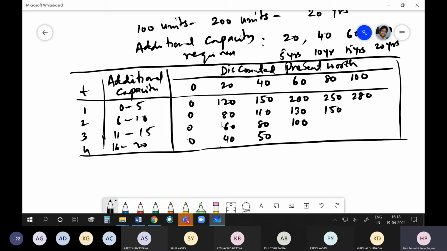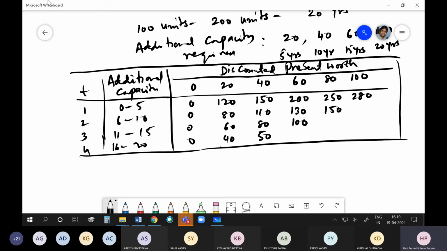Now I have to come up with the best possible capacity expansion strategy such that the discounted present worth of expanding this is minimized.